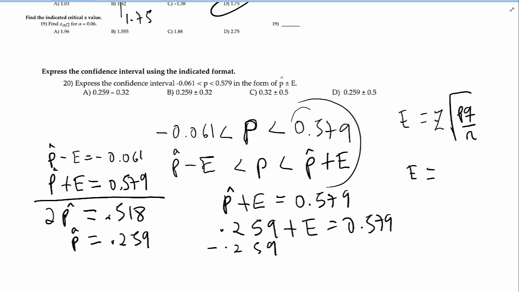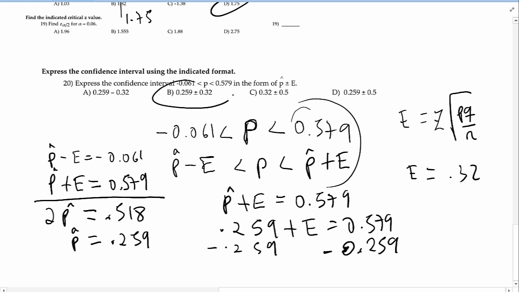So right here, when I subtract these two, I get 0.32. So this is 0.259 plus or minus 0.32. So that would be this answer right here.